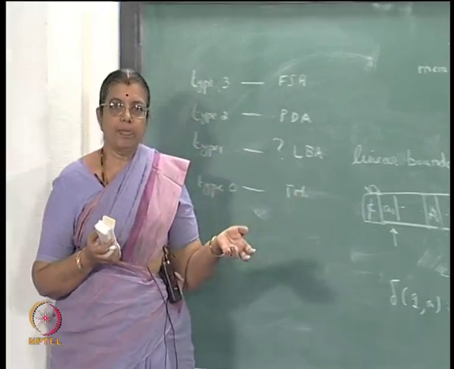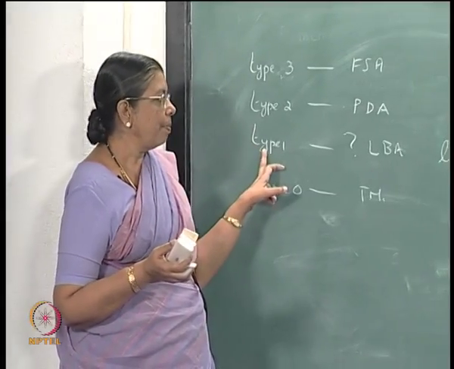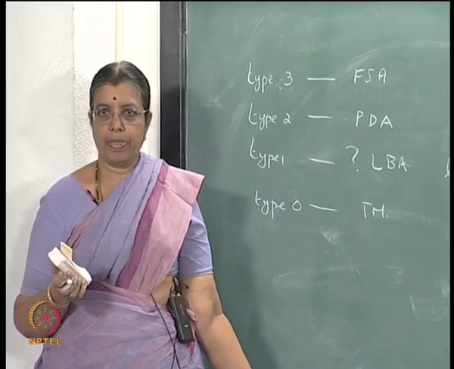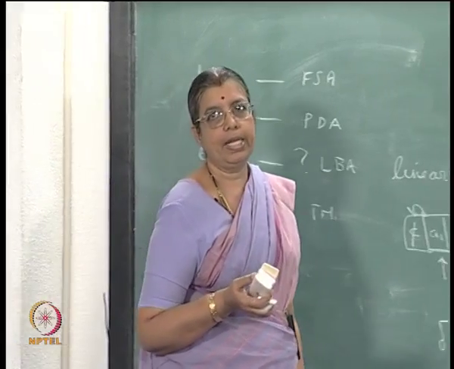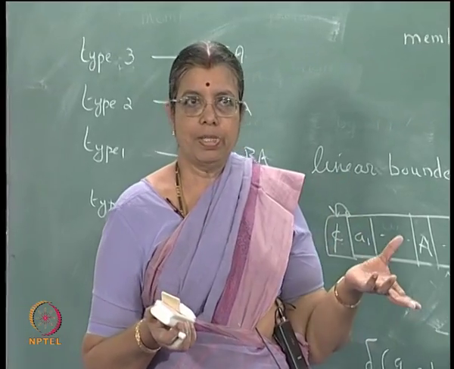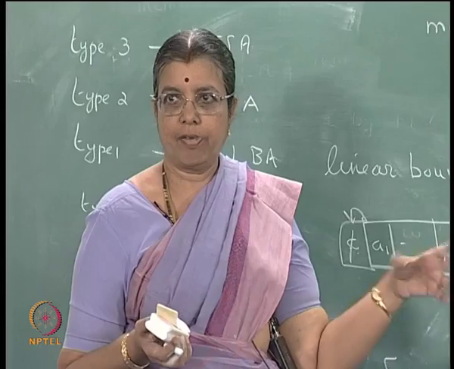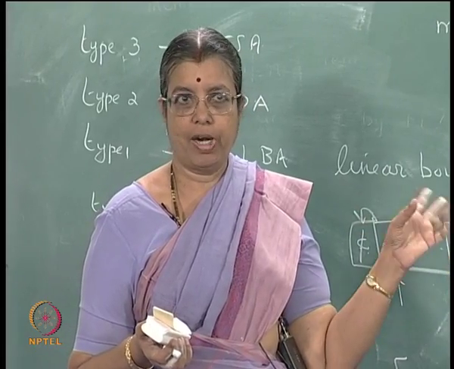Here again it has been shown that type 1 grammars are equivalent to non-deterministic linear bounded automata. You can give a proof saying that given a non-deterministic linear bounded automata, you can have a context sensitive grammar, and given a context sensitive grammar, you can have a non-deterministic linear bounded automata.